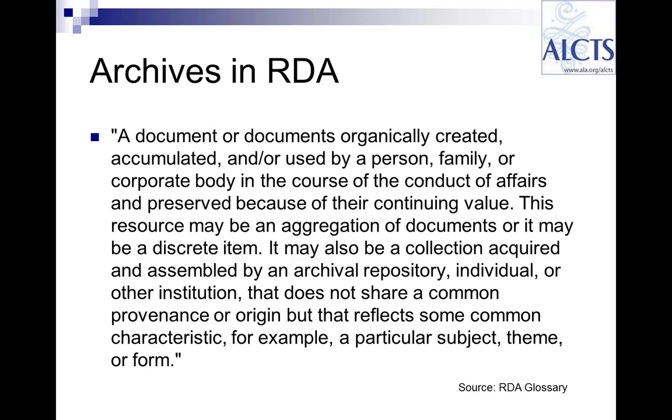But archival description is really based on the idea of provenance, documenting provenance and the origins of materials. And so applying those rules, as we'll see later on, it's not just applying the model and applying these principles, but it's also documenting relationships as part of that.